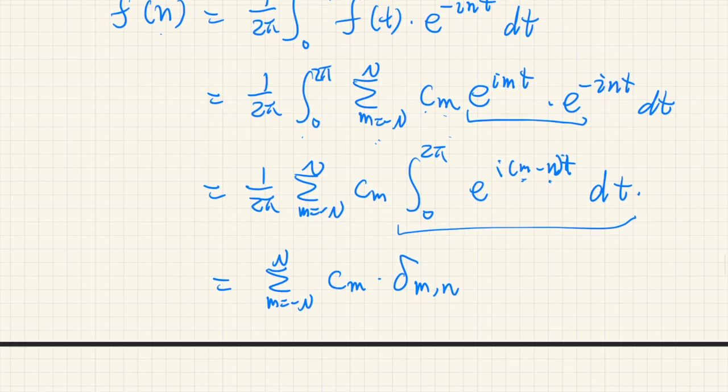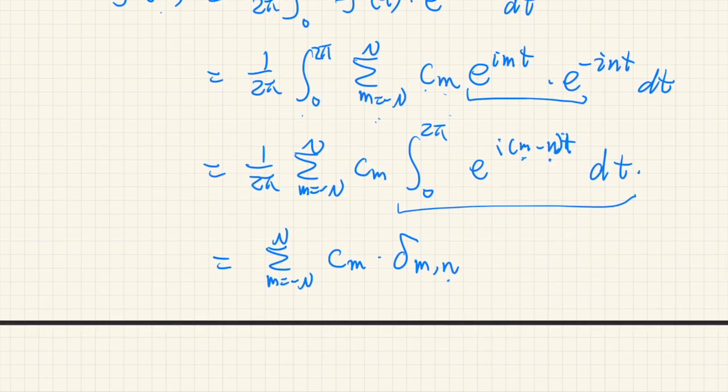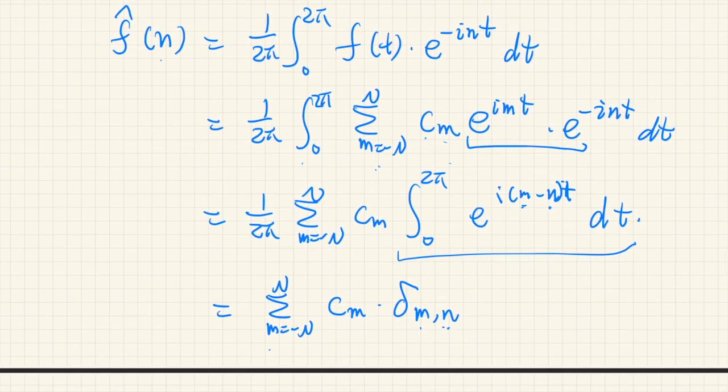Okay, now n can be equal to one of these m's if this n is between negative capital N and positive capital N. So this is equal to c_n if n is between negative N and positive N. Otherwise, this n can match none of these m's, so the result is 0.